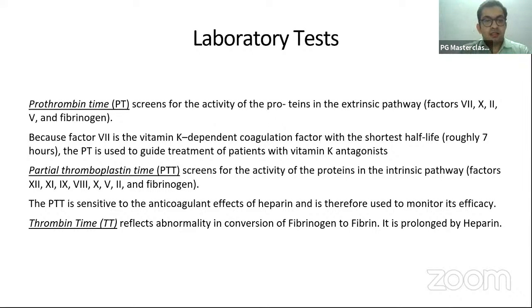Thrombin time directly shows if there is any abnormality in the conversion of fibrinogen to fibrin, which is the last step in secondary hemostasis. Since heparin is a thrombin inhibitor, thrombin time increases in patients receiving heparin injection.